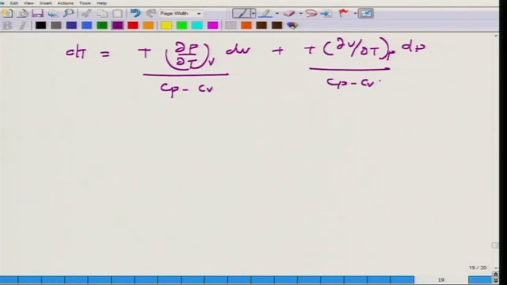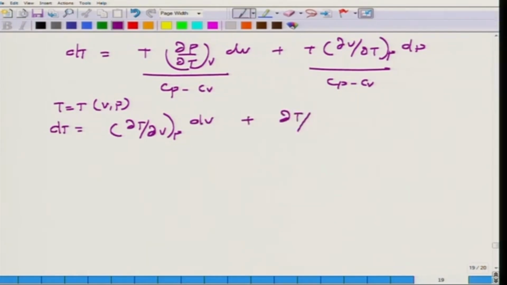Okay, so we have an expression of T as a function of V and P. So in other words, I can now represent this T as a function of V and P. So I can take a differential of T. Now the reason I am doing this is to relate this partial derivative with this term. This essentially means that this term is nothing but equal to this term, and similarly this term is nothing but equal to this term.